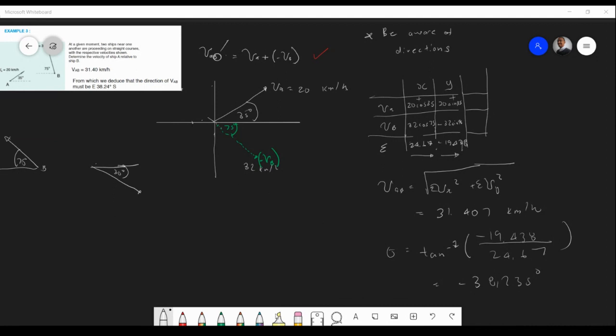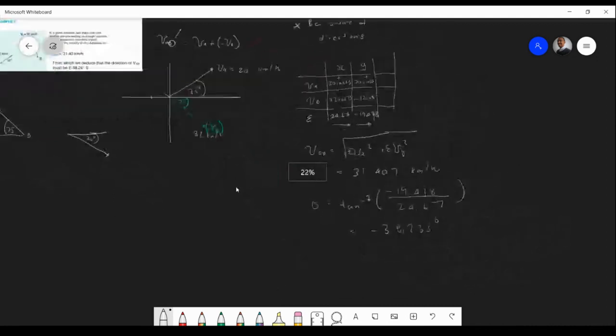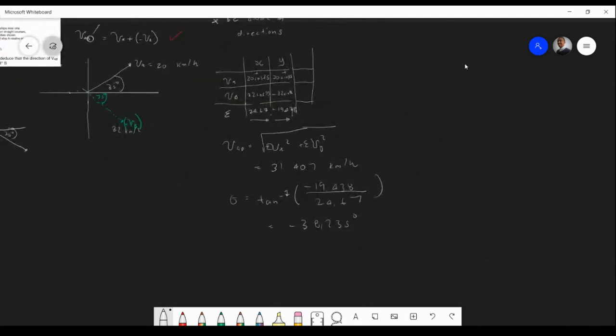Okay, so what that means, guys, I'll just sketch everything here. We've got that line. We've got VA. We've got negative VB. Negative VB is at 75 degrees, right? So that's a bit more like that.